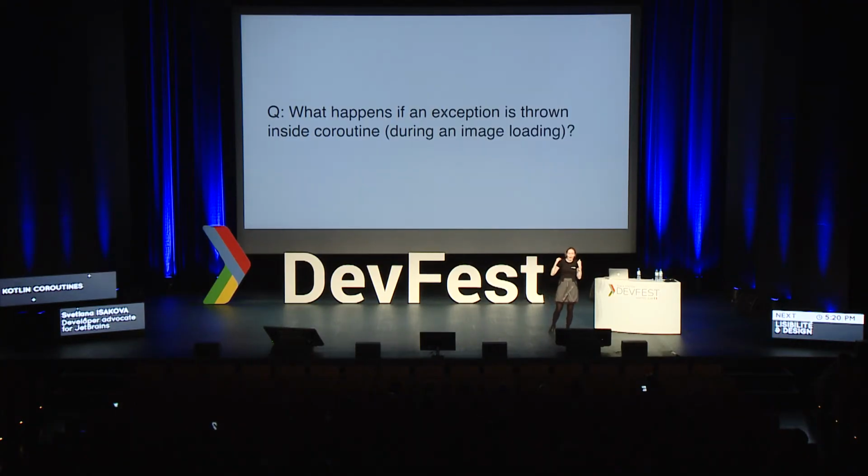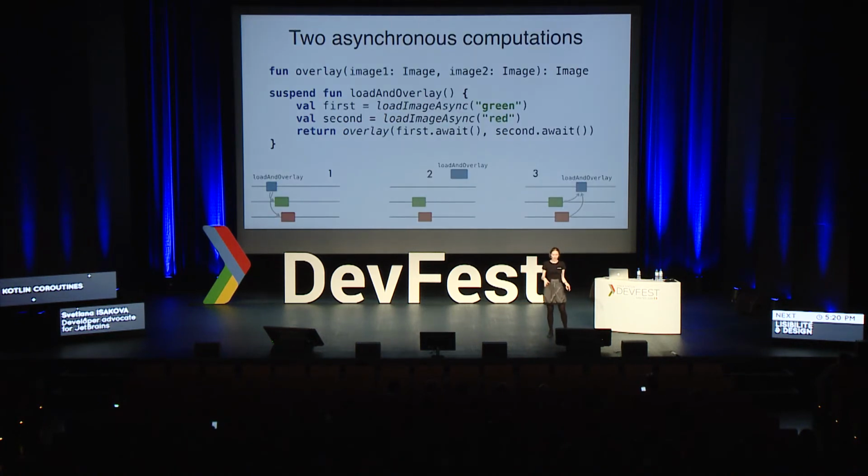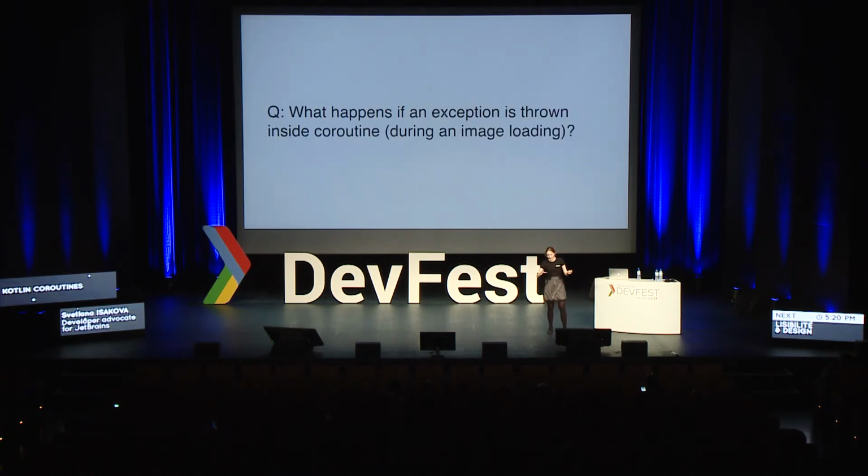The problem is, what happens if some exception is thrown inside a coroutine? While we are loading, for instance, the first image, the green one, what happens with the second image? To answer that, first I need to tell you what generally happens with exceptions.